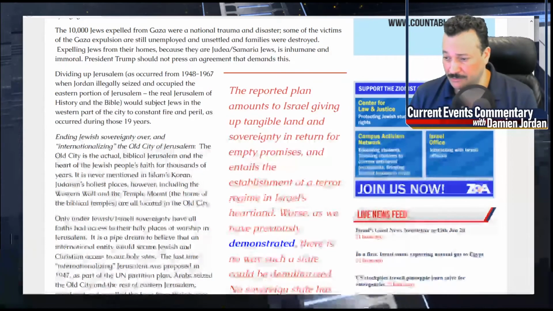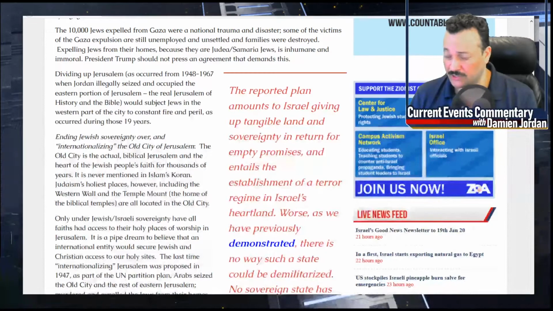Some of the victims of the Gaza expulsion are still unemployed and unsettled, and families were destroyed. Expelling Jews from their homes because they are Judea, Samaria Jews is inhumane and immoral. President Trump should not press an agreement that demands this.